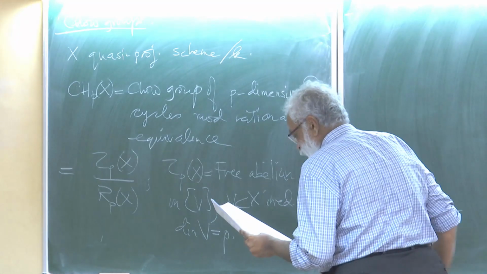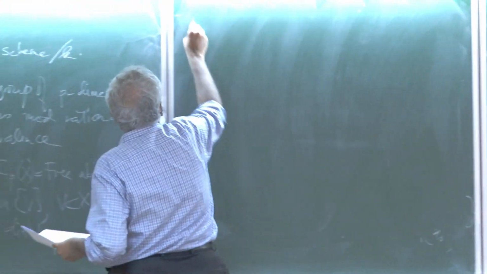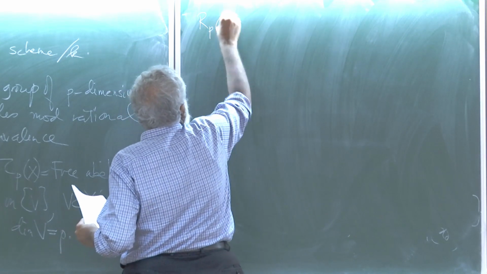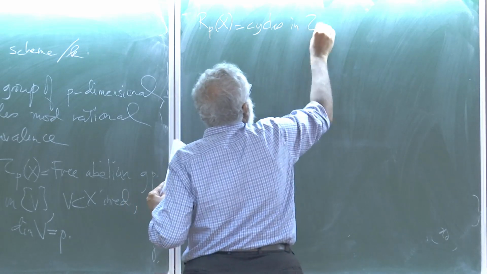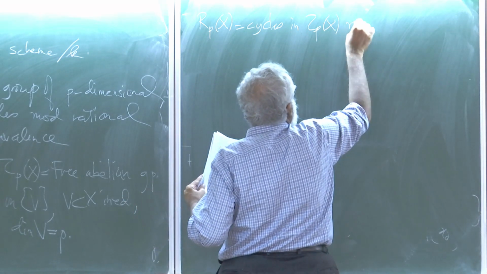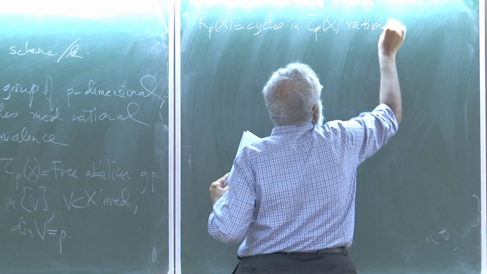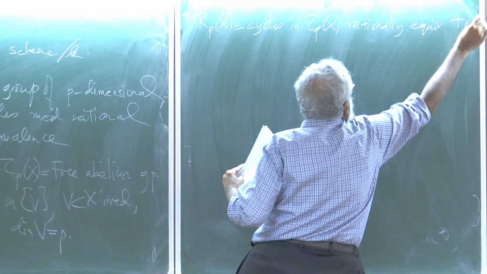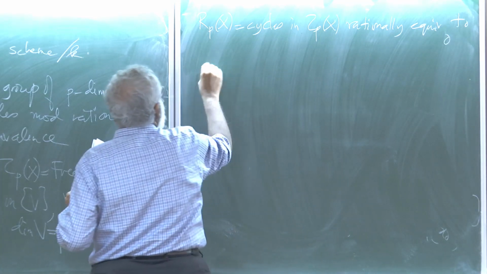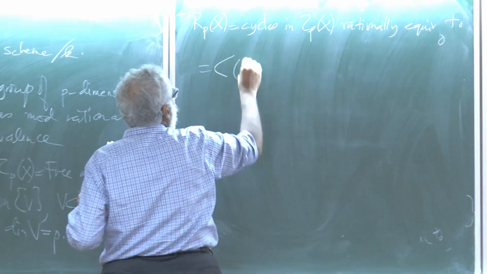So okay, I have this R_p(X), which is the cycles in Z_p(X) rationally equal to 0, which is the group generated by things of this form.